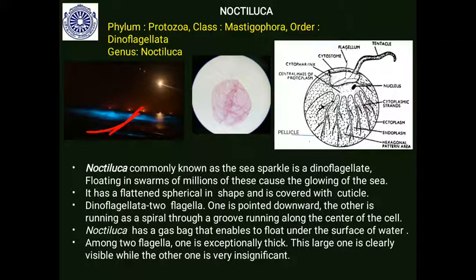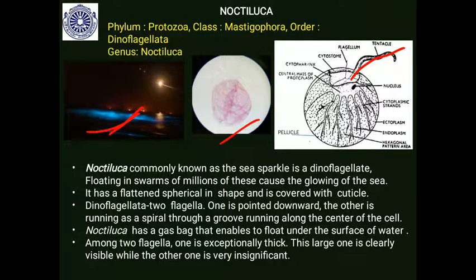This belongs to the class Mastigophora and the order Dinoflagellata. Dino means two. They have two flagella. You can see the long one, and another is a small one. Under the microscope it looks like this. Floating swarms of millions of these cause the glowing of the sea.